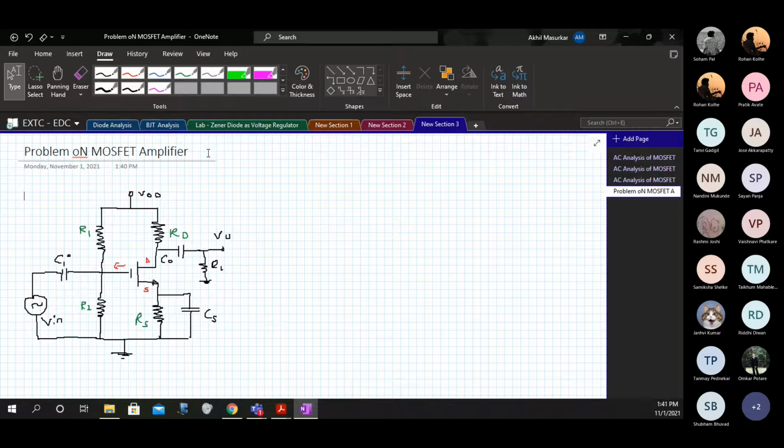So in this they have asked you to calculate the RI, RO and voltage gain.